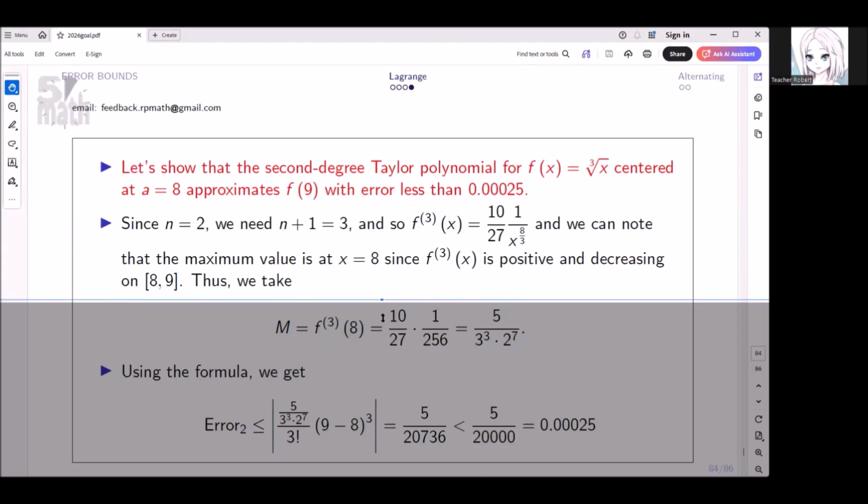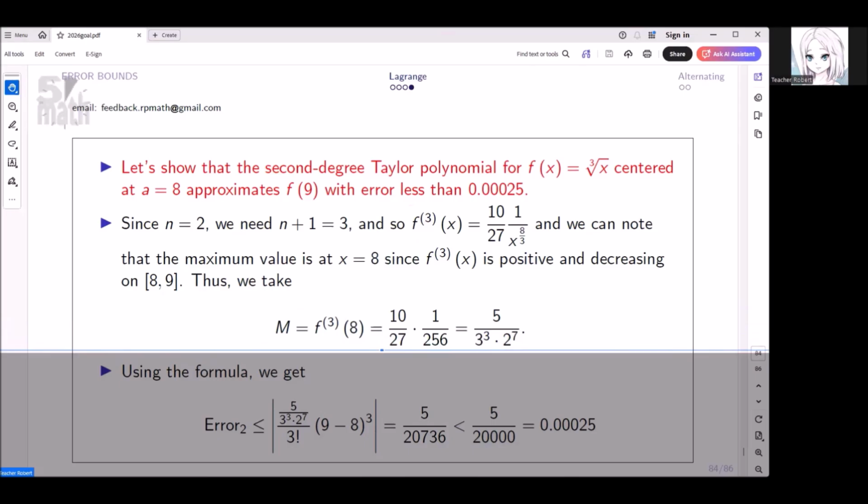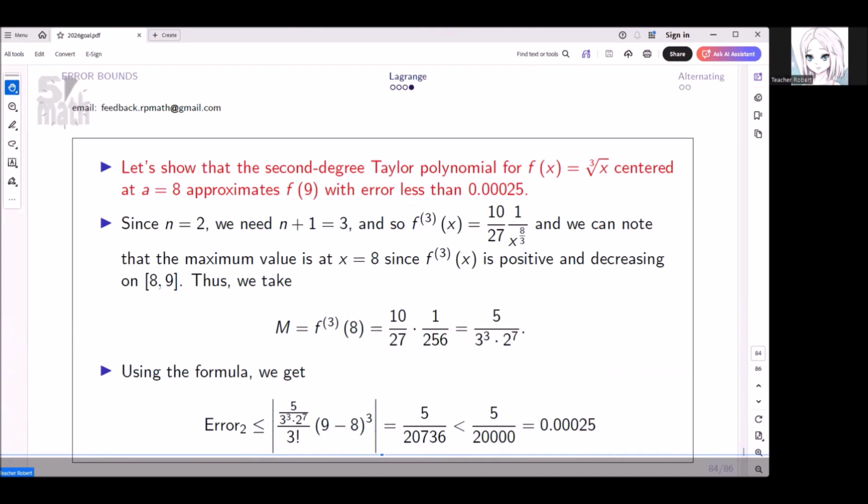Thus, we take m equals this. Using the formula, we get error 2 as this.